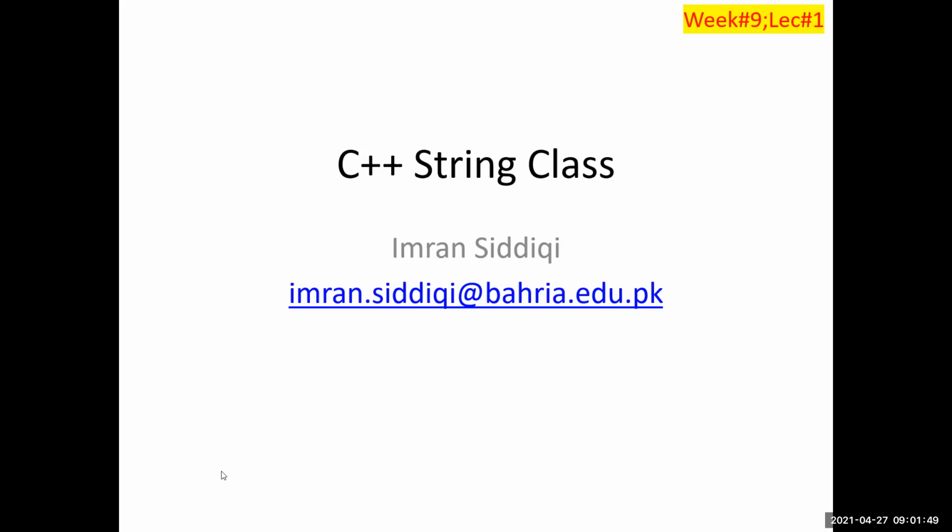And in order to store text data in variables, you can take an array of characters, which is the C style, or you can also use the string class, which is available in the C++ library. The advantage of the string class is that it makes your life pretty simple. There are many built-in functions available which allow you to manipulate string data.